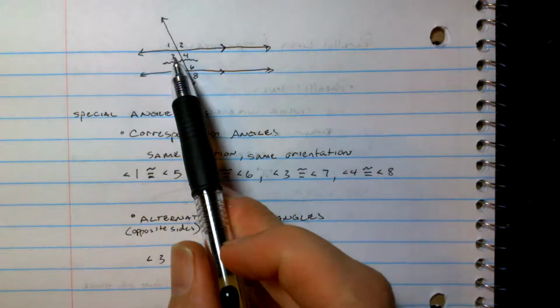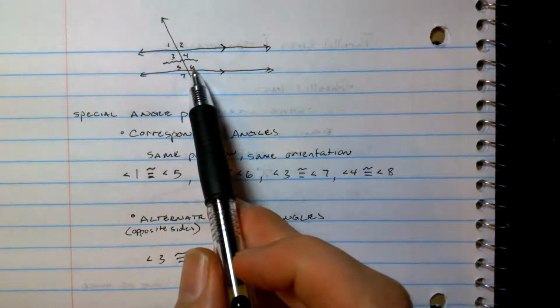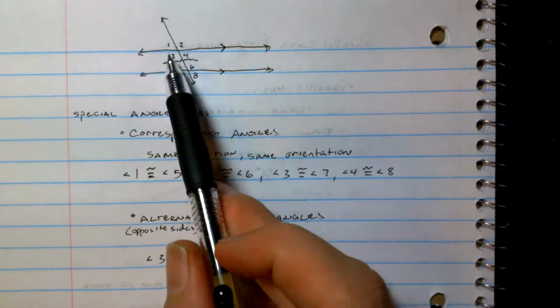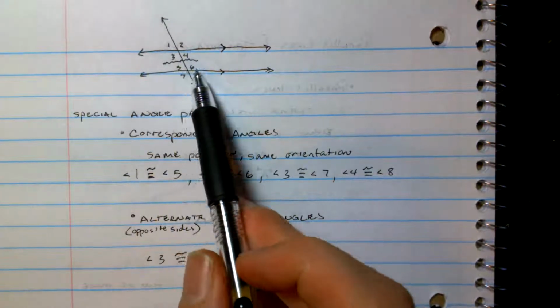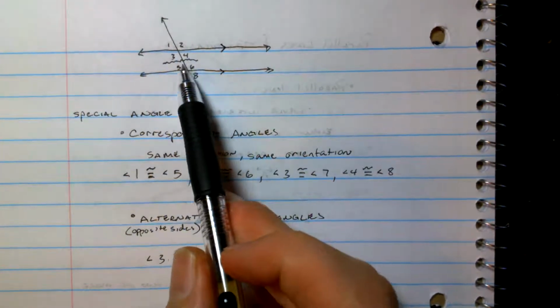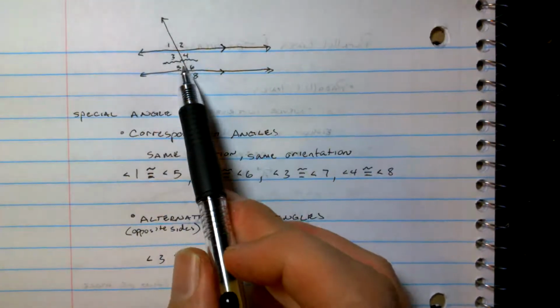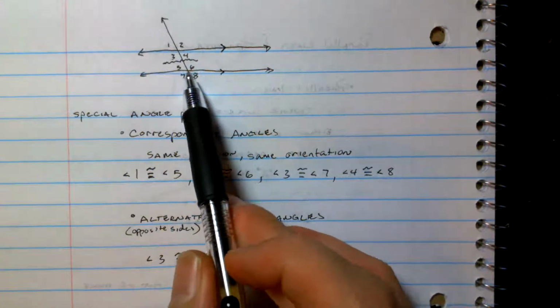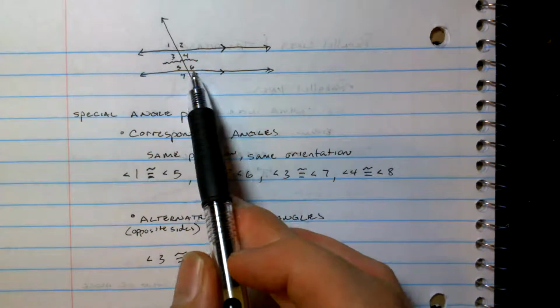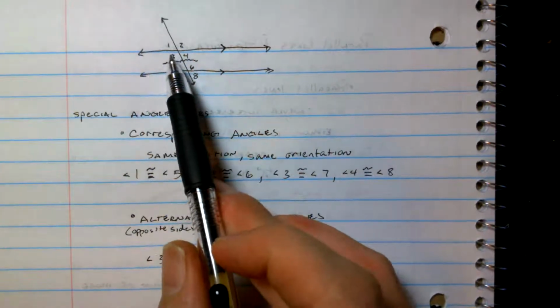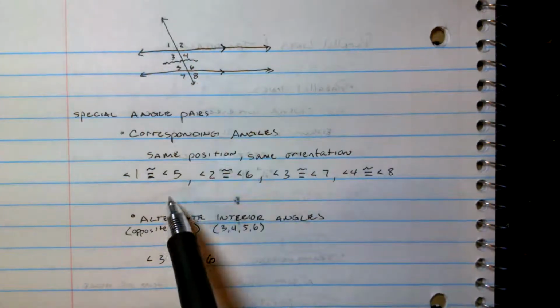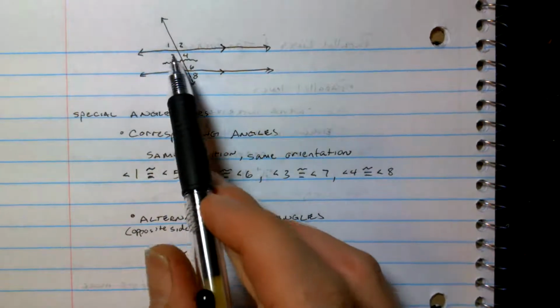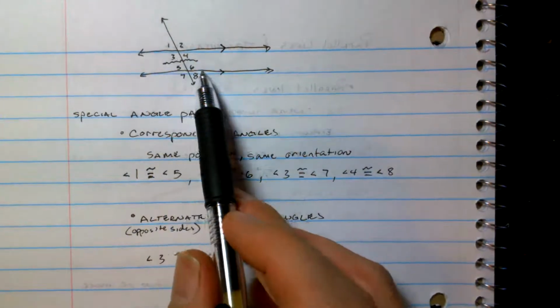And we've got 3 and 6 as our alternating sides, so they're on opposite sides of the transversal. And by eye test, you can see those 2 do look similar. They're not in the same orientation, they're facing in different directions. But based on the alternate interior angles theorem, they would be congruent.